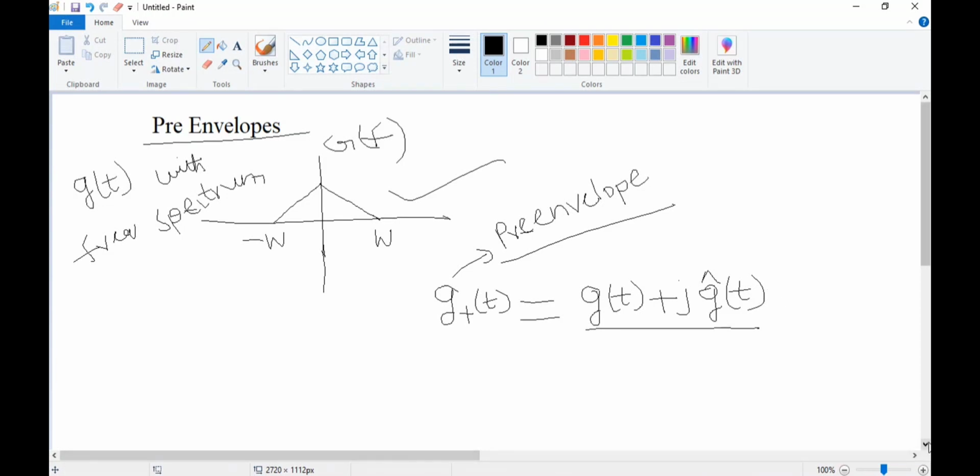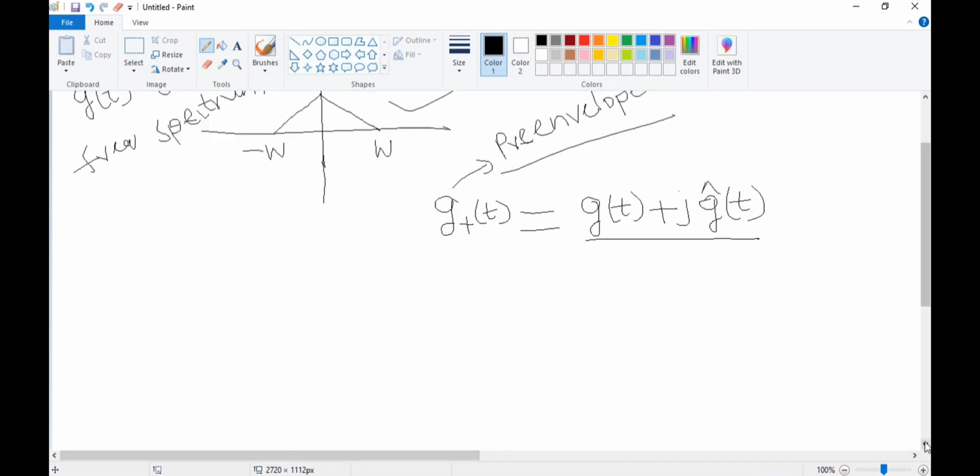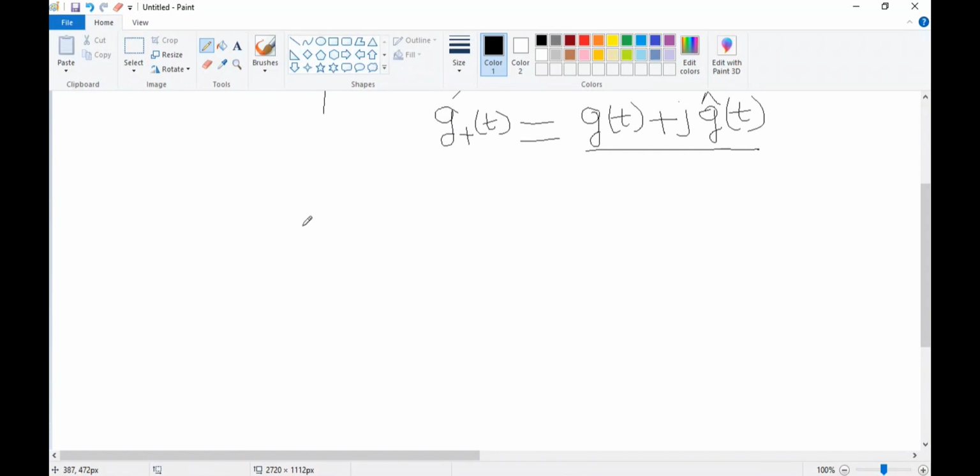So let us analyze whether we are getting only the positive frequencies or we have both. In order to do that, we can take the inverse Fourier transform of this signal.